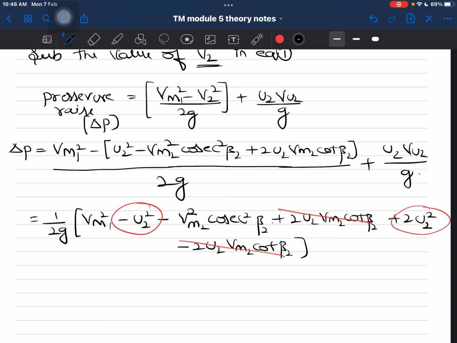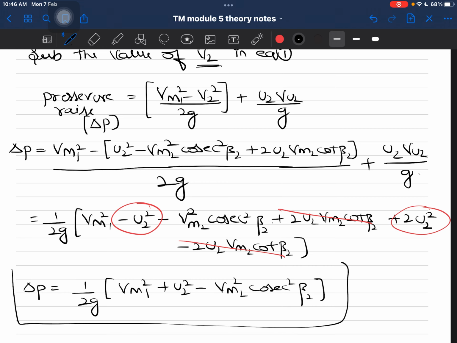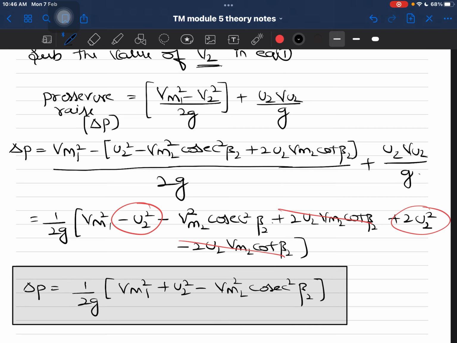So the final expression would be delta p is equal to 1 by 2g into Vm1 square as it is, plus u2 square, minus Vm2 square cosec square of beta 2. So this is the final expression required for the pressure rise in a pump impeller.